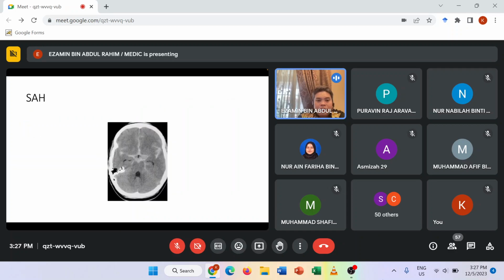Okay, and then this one is subarachnoid bleed. Like I said, the bleeding is in the subarachnoid space, the CSF space, so it can insinuate along the sides, and most of the time, like this one, it is because of an aneurysm. If you see this when you become a houseman somewhere, maybe Limbang, and there is a CT scan in Limbang.